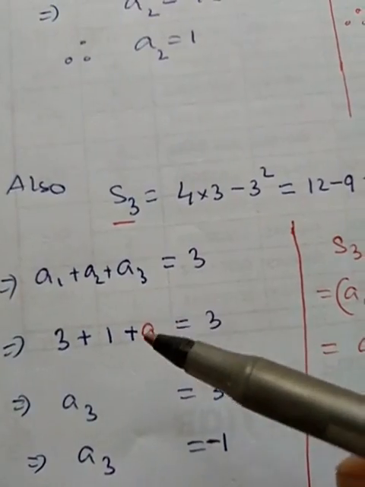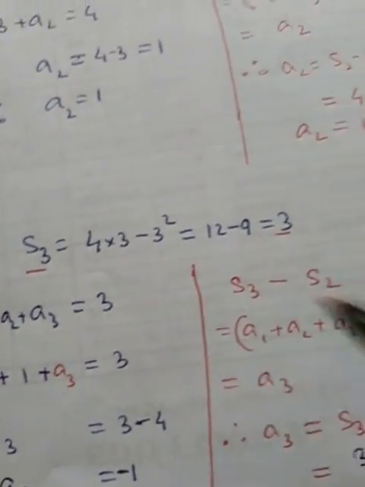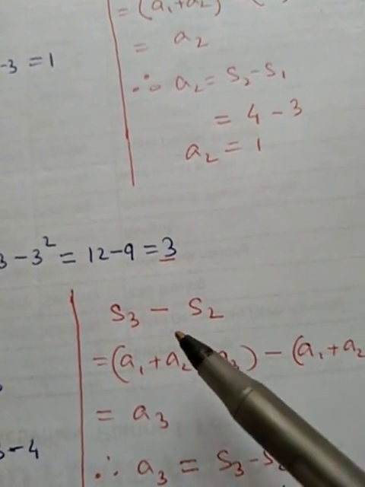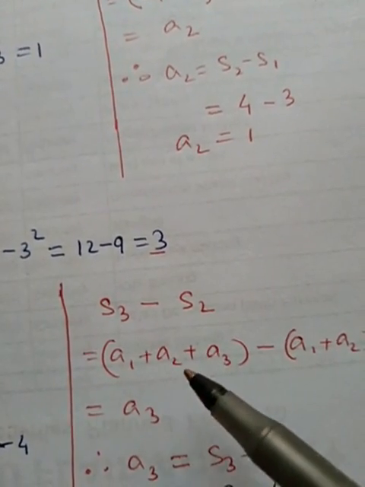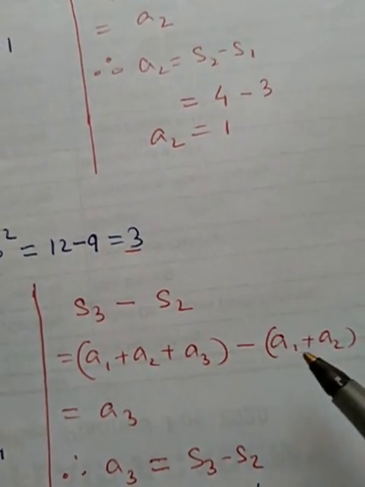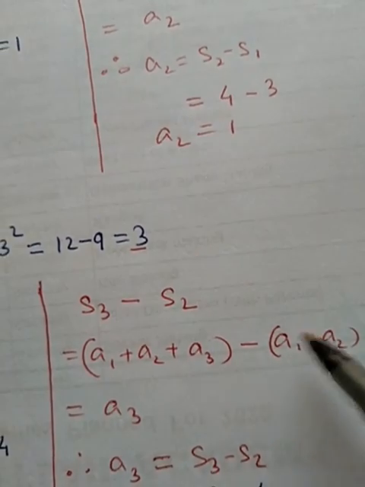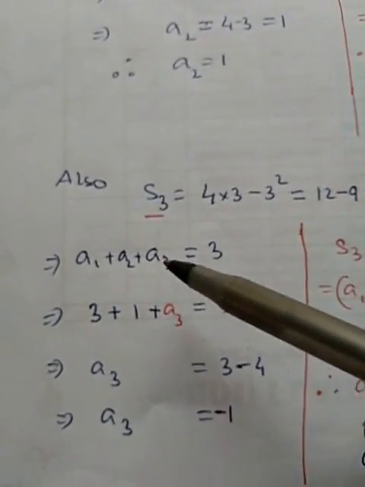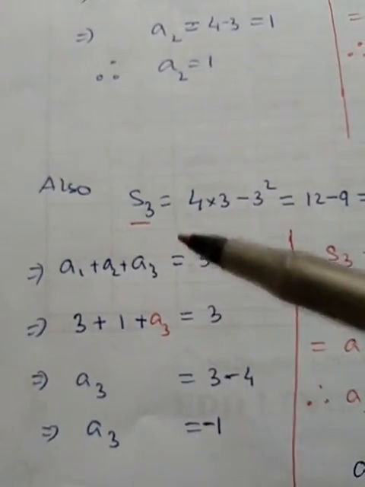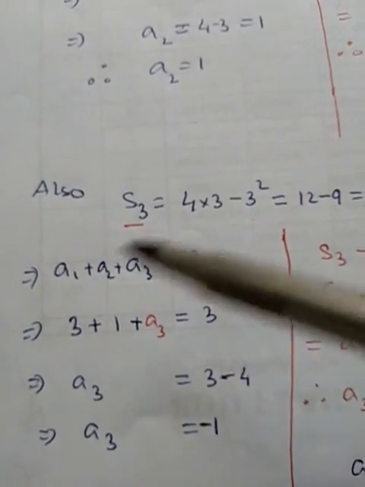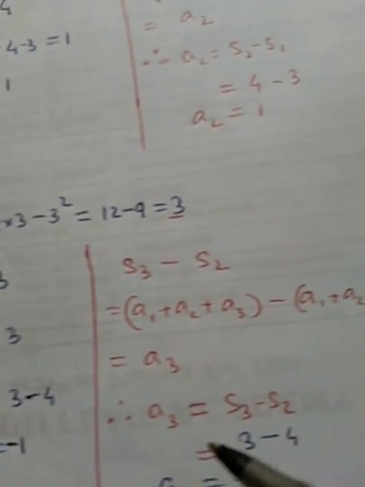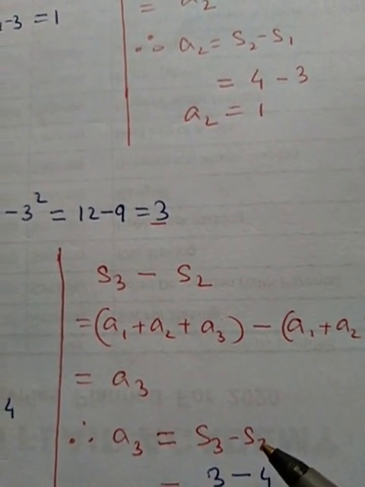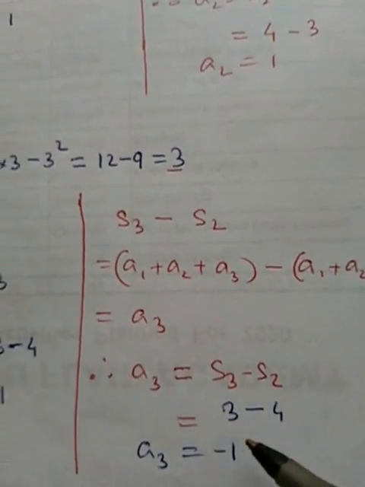Now let us see another way. S3 minus S2: S3 is A1 plus A2 plus A3, and S2 means A1 plus A2. If we subtract, only A3 is left. So to find A3 we can find it in this way, or directly as S3 minus S2, that is 3 minus 4, which is minus 1.